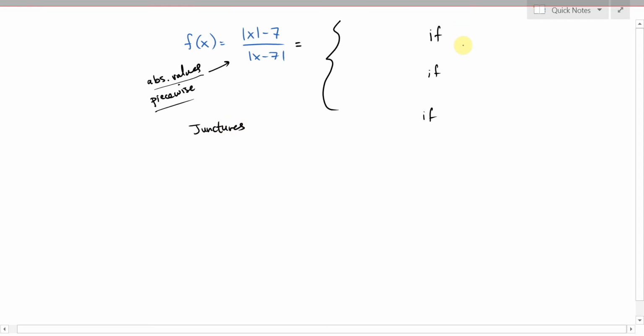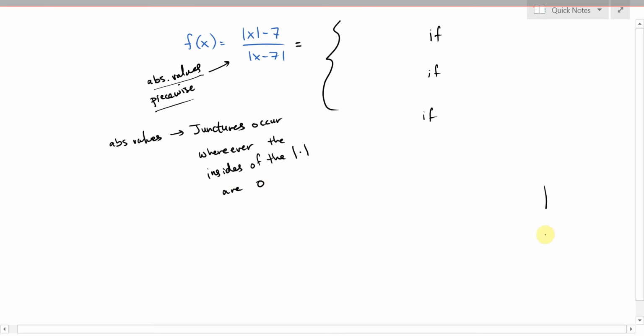So the junctures are precisely those values of x for which we change the formula that we're using. In the case of absolute values, the junctures occur wherever the insides of the absolute value signs are 0.